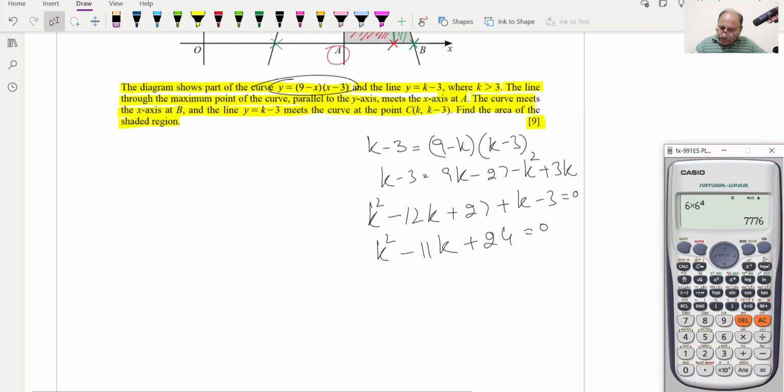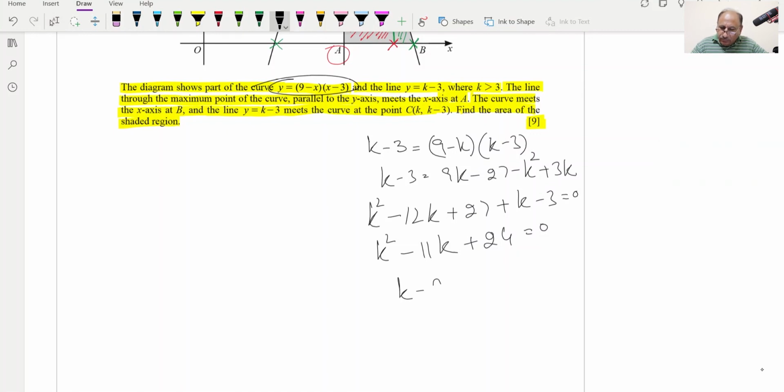For factorization, the coefficient of k squared is 1, so the coefficient of k is minus 11, and the constant value 24 will be giving us 8 and 3, so k minus 8 and k minus 3 is equal to 0, so k is equal to 8 and k is equal to 3.